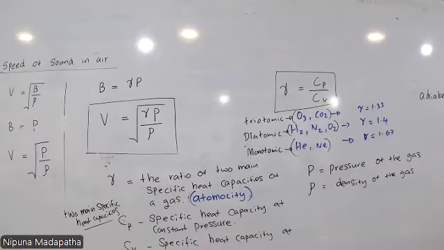So what is the standard temperature in physics? In chemistry it is 25 degrees Celsius. In physics it is 0 degrees Celsius, which is 273 Kelvin. What is the standard pressure?